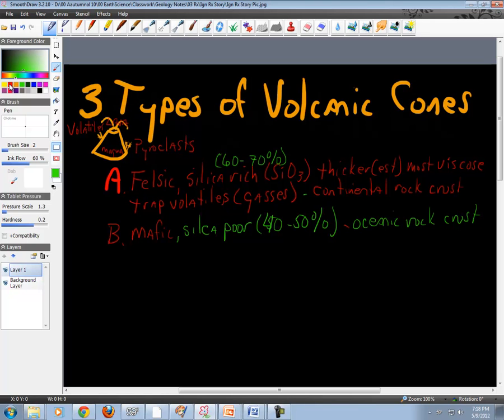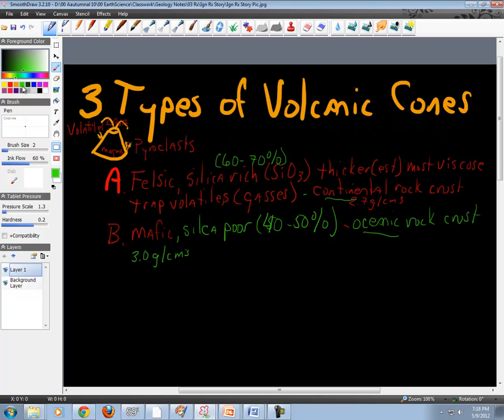One more thing: felsic tends to be less dense, 2.7 grams per cubic centimeter. And mafic tends to be about 3 grams per cubic centimeter, which is why this makes up continental rock and this makes up oceanic rock.